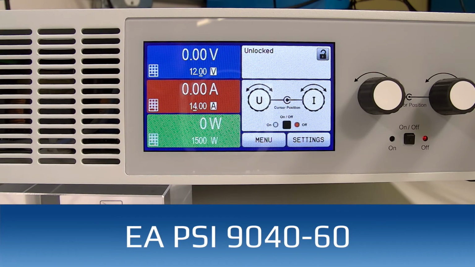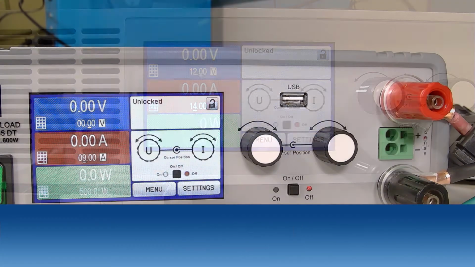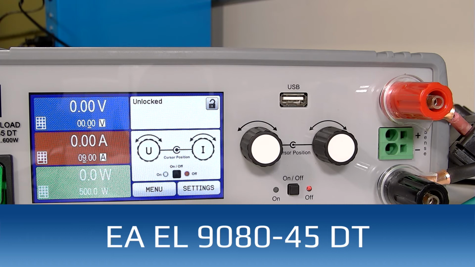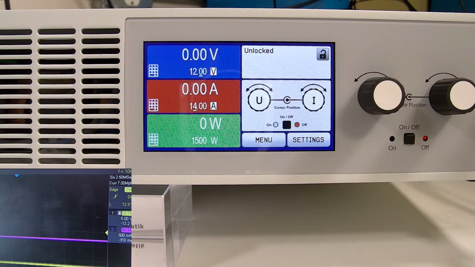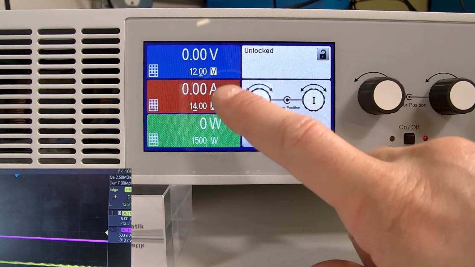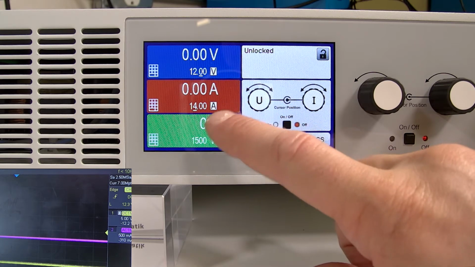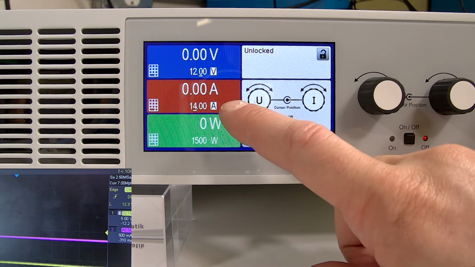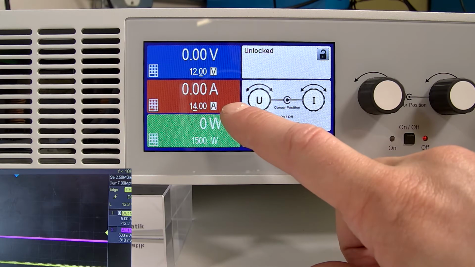To demonstrate that, we've got a PSI 9040-60 as our power supply and an EL 9080 DT as our desktop electronic load. Our PSI right now is set to 12 volts. We've got a current limit of 14 amps, meaning I believe that this load, either based on my real calculations or my predictions, is not going to draw more than 14 amps.